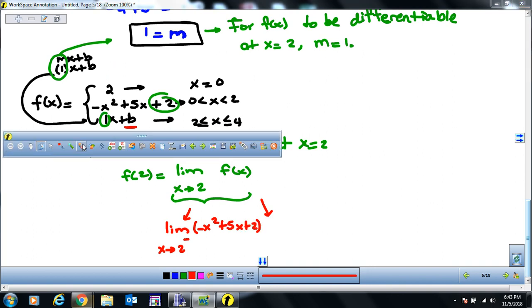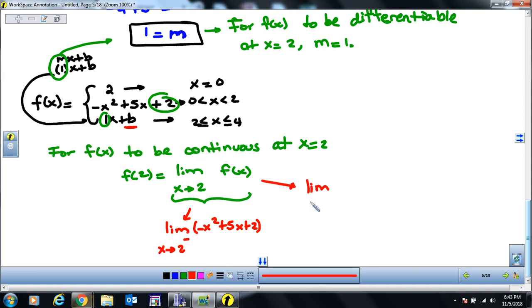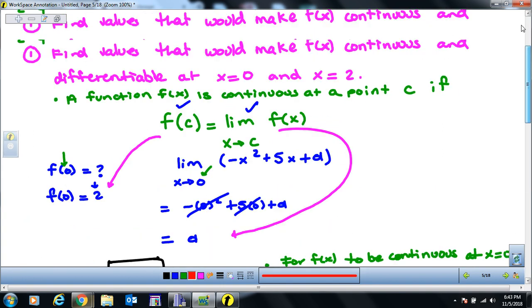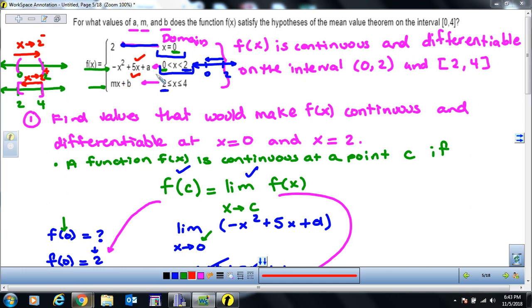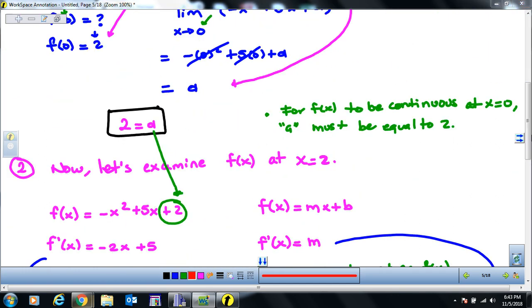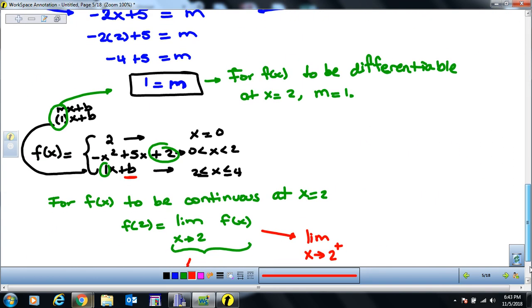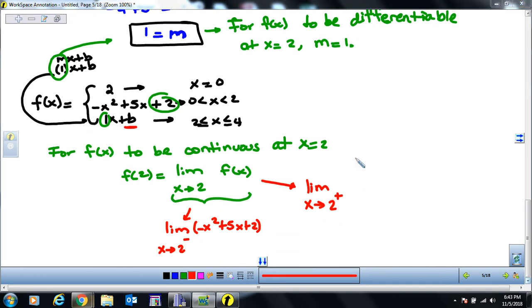And then the limit as x approaches 2 from the positive side would be the second one, for which I already know the value of m, which was 1, right? So I can simply write here x plus b, instead of 1x plus b.